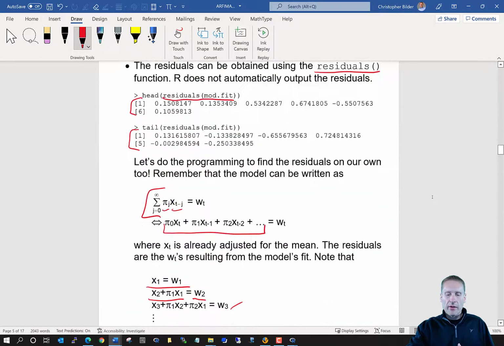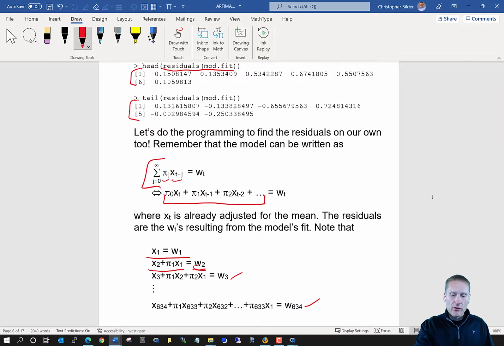So just to show you, let me come back. w2, x2. If I was at j equal 3, I would be at w3, I would have x3. And then what I need to do is find the linear combination of the pi's with the x's. So notice how the subscripts are essentially going in the opposite direction here for the pi's and the x's.